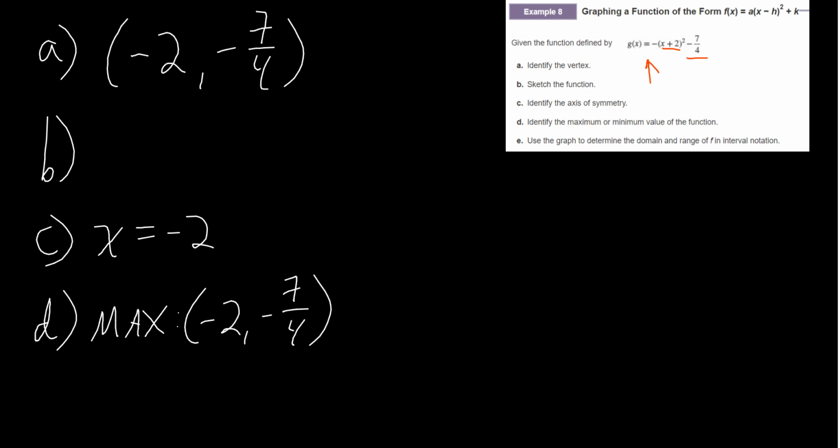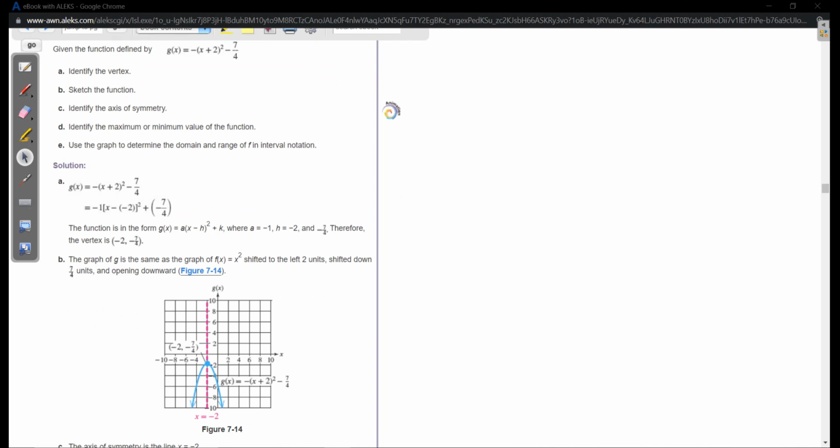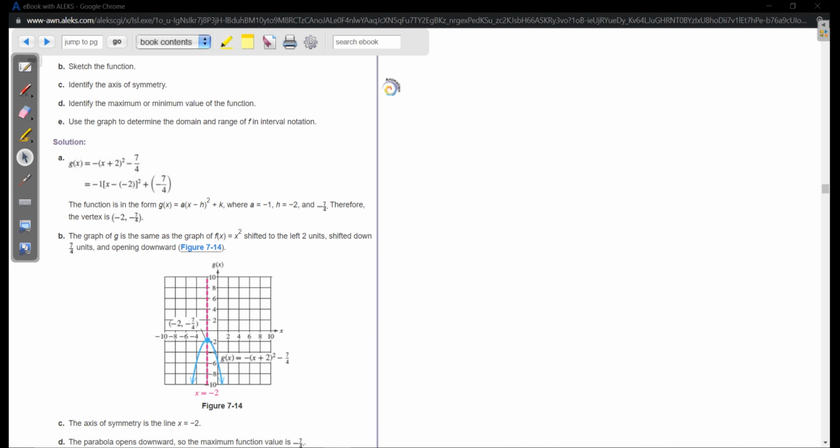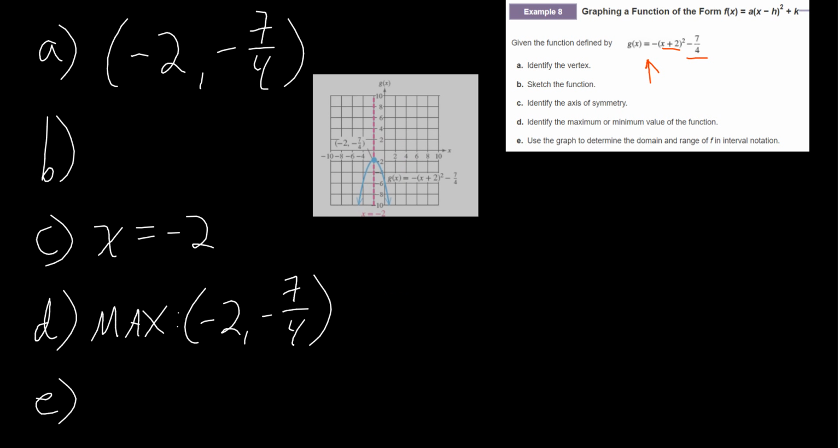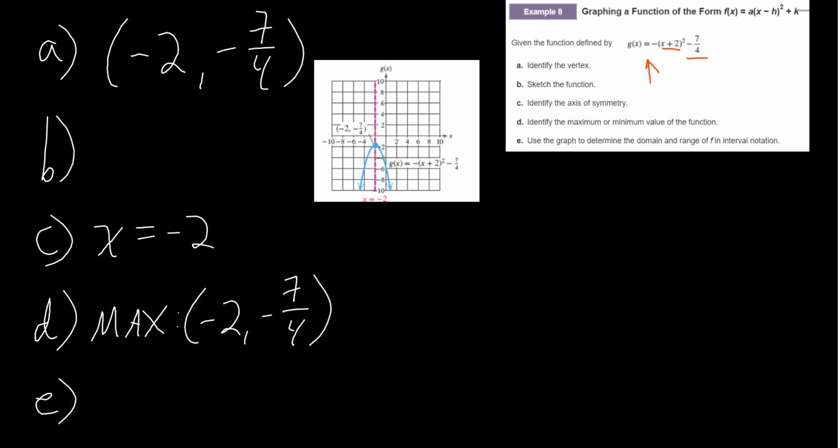And then E, use the graph to determine the domain and range. So again, let's go ahead and look at the graph. We could have pretty easily made this graph, but I like to make it nice and neat.